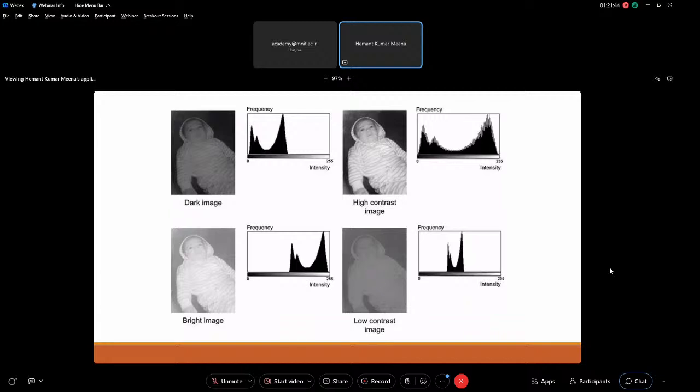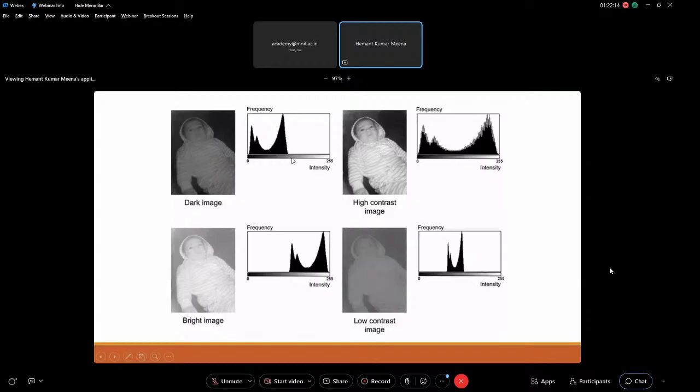In the same way, you can see another image where it is a dark image. A dark image definitely means lower pixel values, near to 0. So here you can see in this figure that the maximum values are less than half of the intensity.